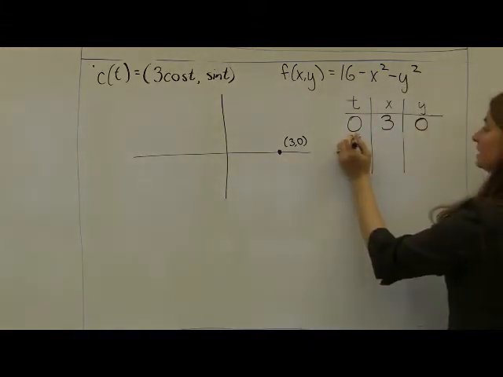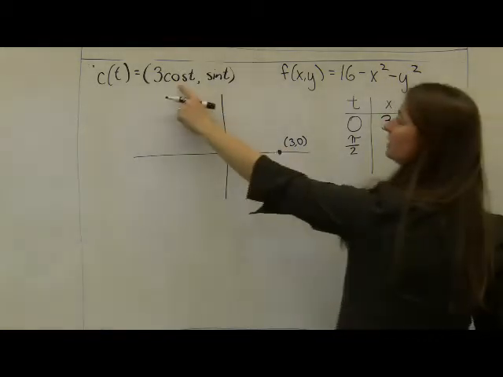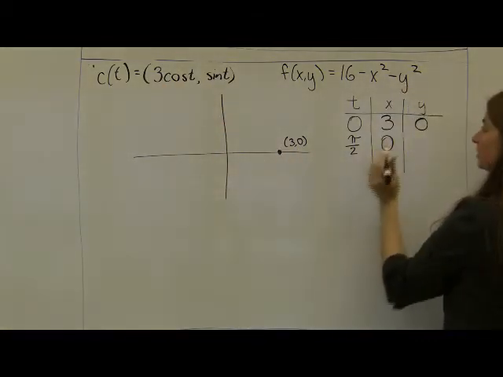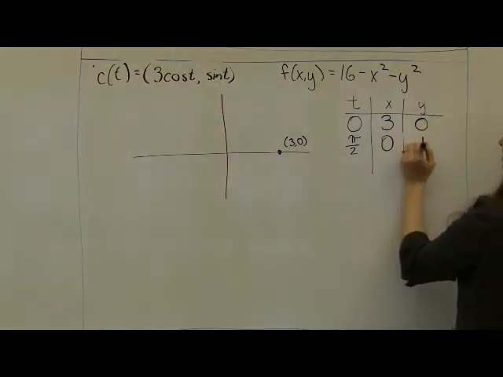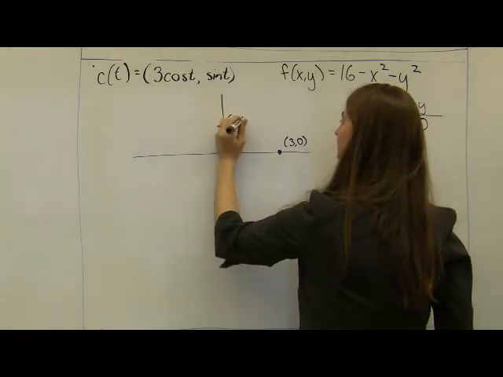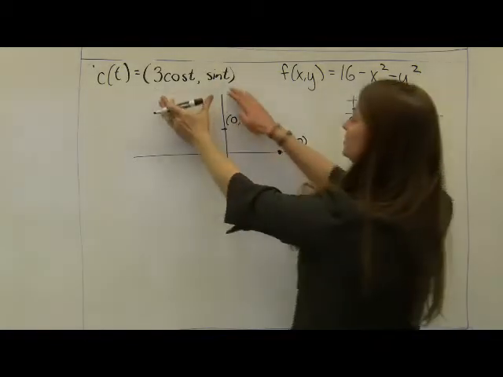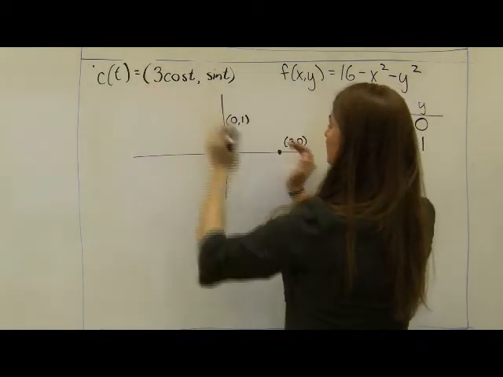As time progresses, let's look at a time of pi over 2. The cosine of pi over 2 is 0, so the x-coordinate is going to be 0, whereas the sine of pi over 2 is 1, so my y-coordinate is going to be 1. (0, 1). And we're told that it's traveling in an ellipse. Really, all that we're doing is taking a circle and expanding the x radius to be 3 times larger.